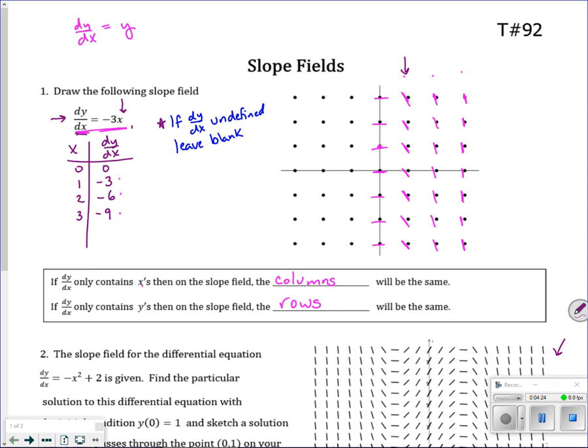Well, what about here? We have x equals negative 1. When x is negative 1, that slope would be 3, and of course 6 and 9. So instead of slanting negatively, on the left side they're going to be positive, and I try to match. I try to look at this column and this column as the same, just one positive and one negative.